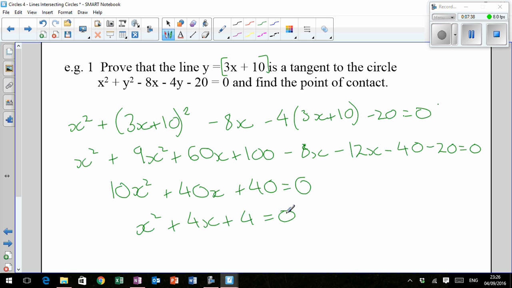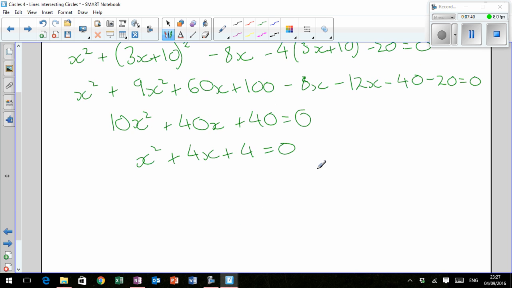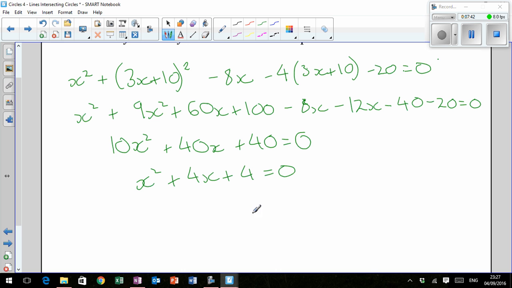Now, in reality, you've got two options here. At that point, you've got your quadratic. You could check b squared minus 4ac equals 0, and that's the big proper way to do it. You're checking it. So b squared minus 4ac is 4 squared minus 4 times 1 times 4.